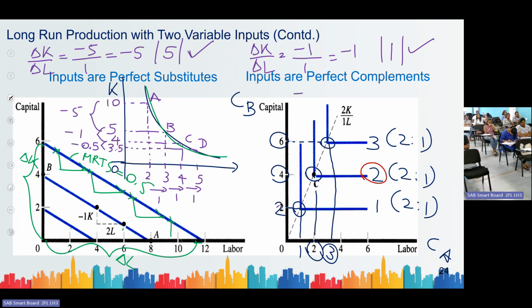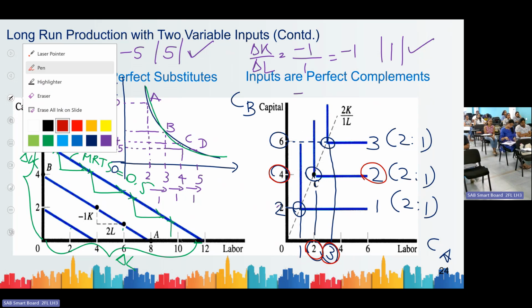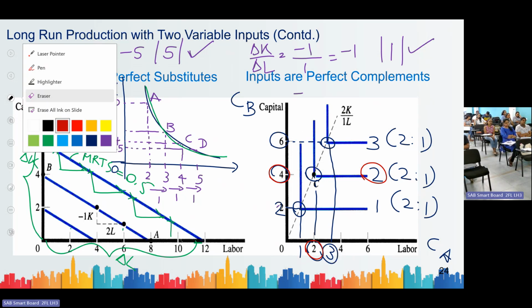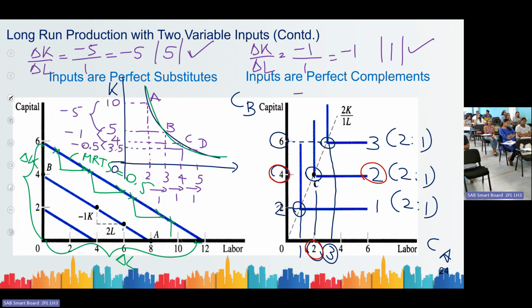They can combine 4 units of chemical B and 2 units of chemical A. Is it meaningful to produce here by combining 2 units of A and 5 units of B?